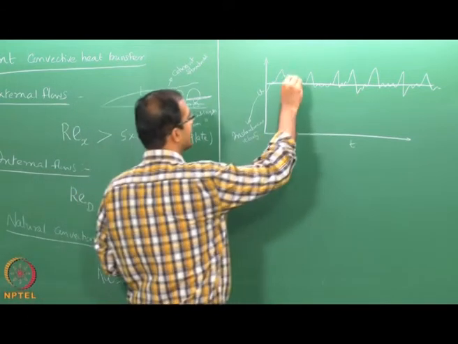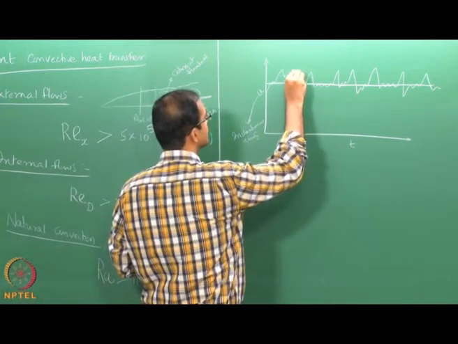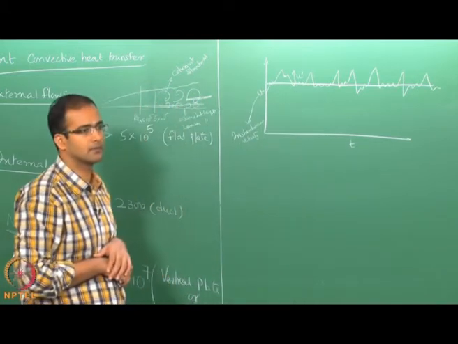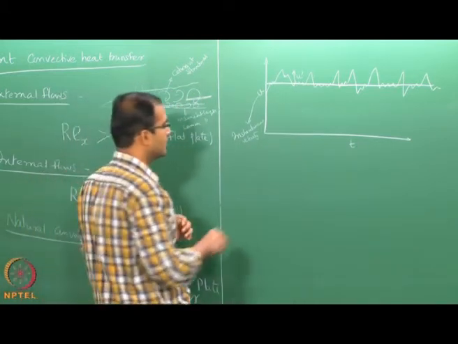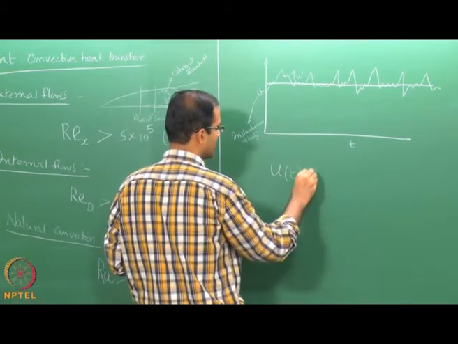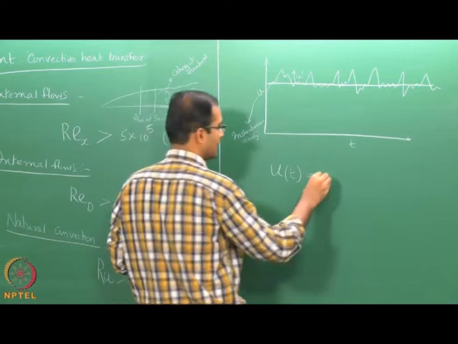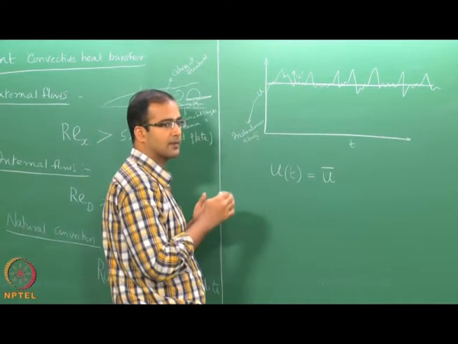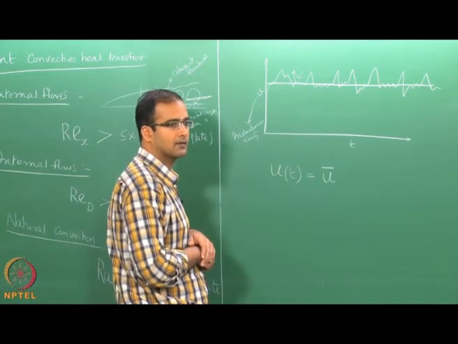So, there is a fluctuation which we represent as u prime, it could be positive or negative about the mean, and therefore we can decompose the instantaneous velocity as an average, which we will represent by an over bar, okay.